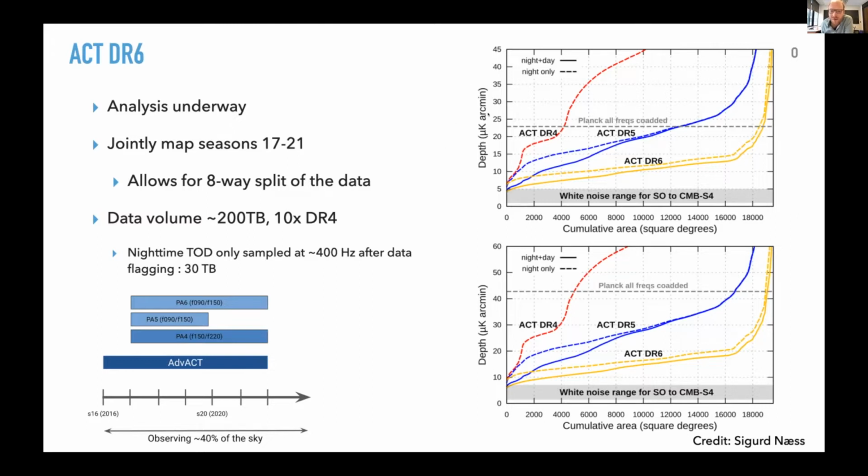One important caveat here is that this is the white noise level, and as we'll see, the ACT noise is not really that white, especially at low and intermediate L's. At high L, it's pretty close to white.